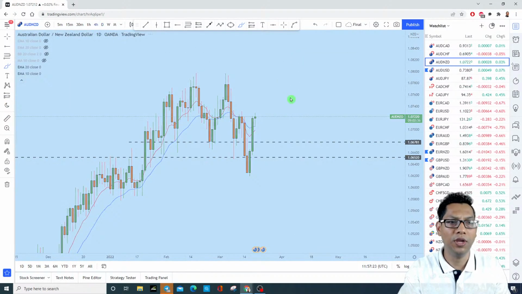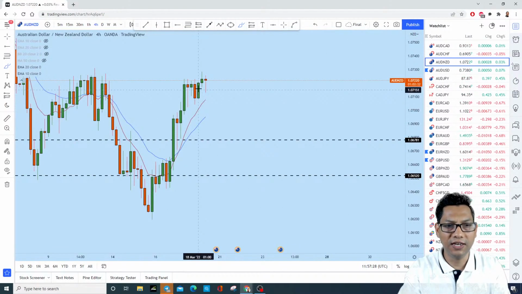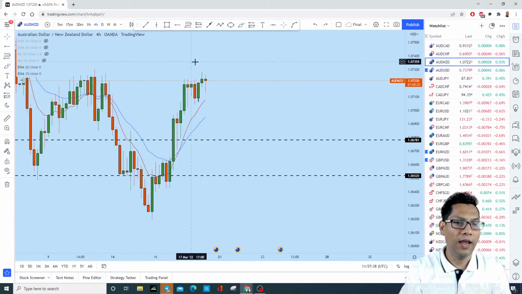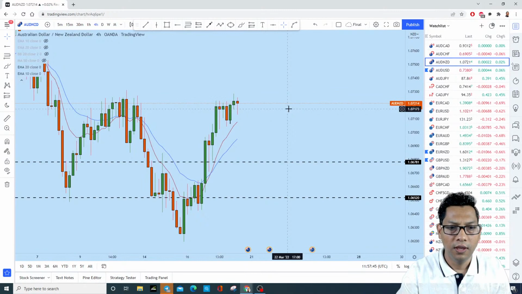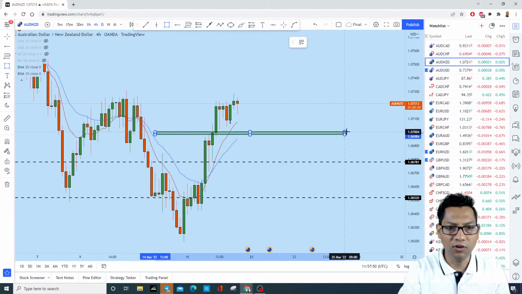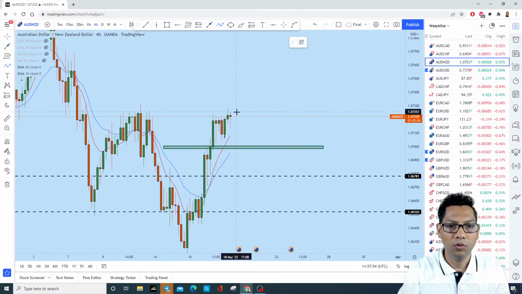Now let's see where we can enter a trade. We see that there is already a bullish candle here followed by this doji. Because this is the weekend, as I told you, many traders don't like to buy or sell over the weekend, they just close the trade. So what is likely to happen is AUD NZD falls back again to this level of support, and from here it is highly likely to go up.